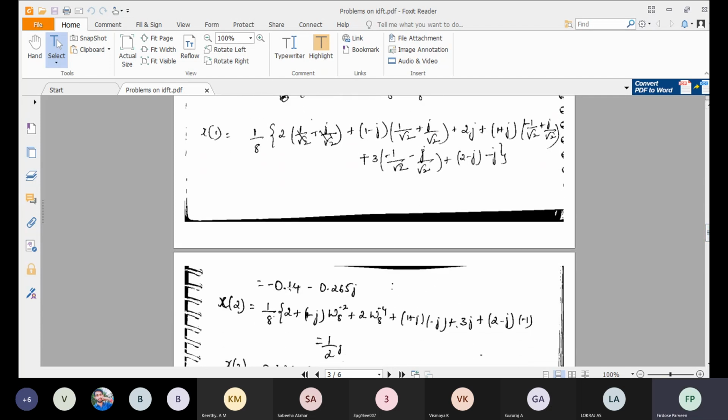It is minus 0.14 minus 0.265j. Got everyone? Vismaya? See, all should do parallelly. Got? Yes, ma'am. What about X of 2?